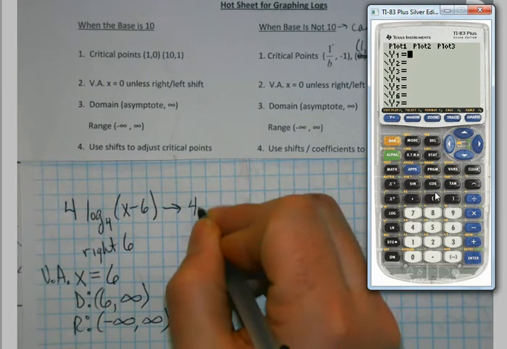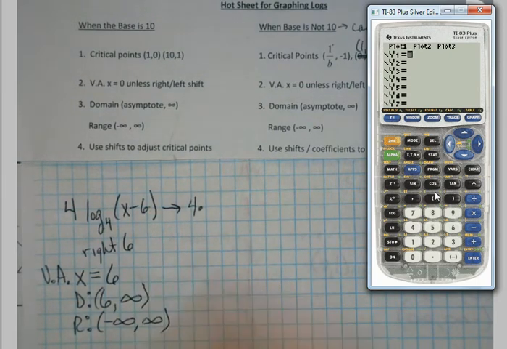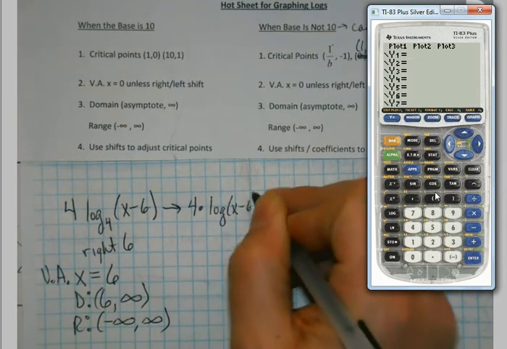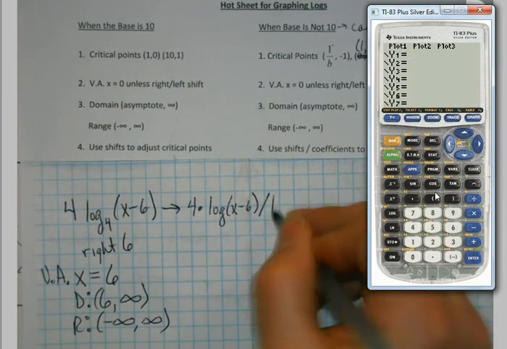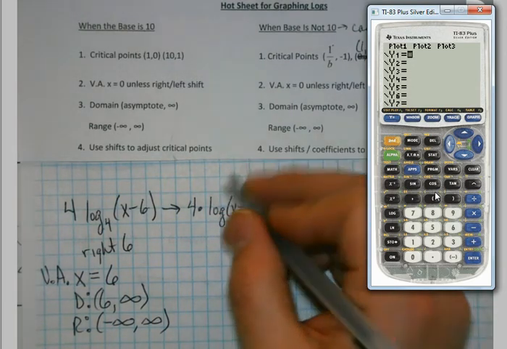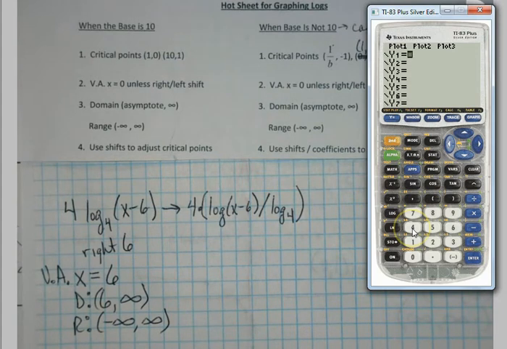So I'm going to have 4 times, and you're like, ew. And here's the part that gets a little interesting. I want 4 times all of this.